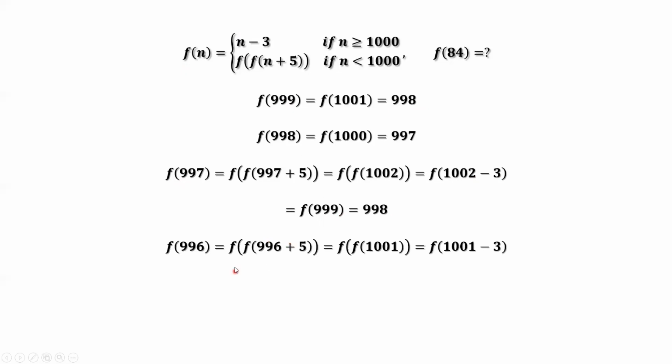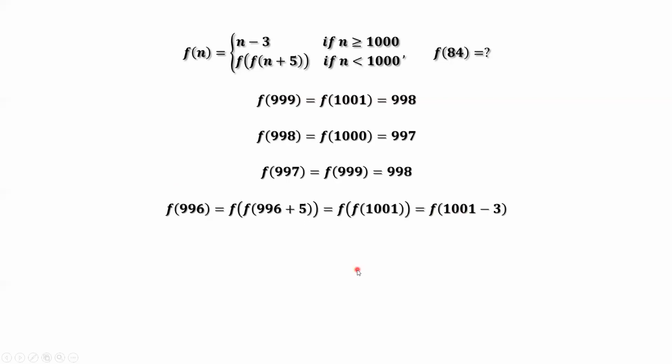What's the next number? f of 996. We use the second formula. The inside part is n plus 5, which is 1001. Use the first formula, n minus 3, which is 998.